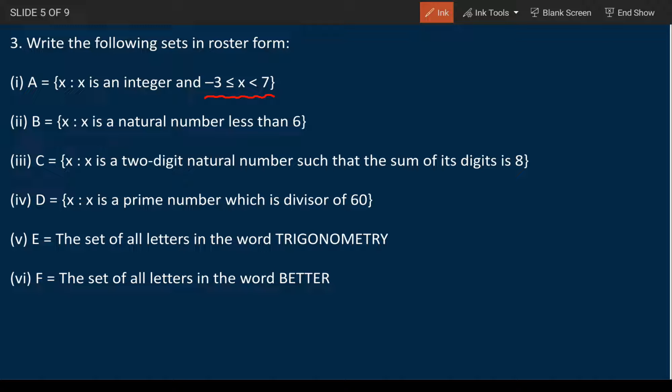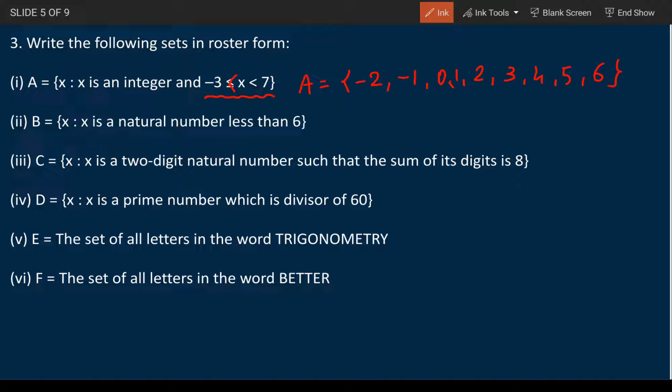Here we have a printing mistake: it is -3 less than x less than 7. So we have set A equal to {-2, -1, 0, 1, 2, 3, 4, 5, 6}. So we converted the set builder form to roster form.